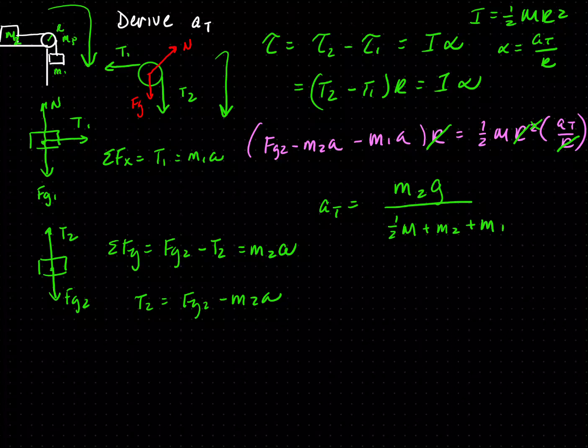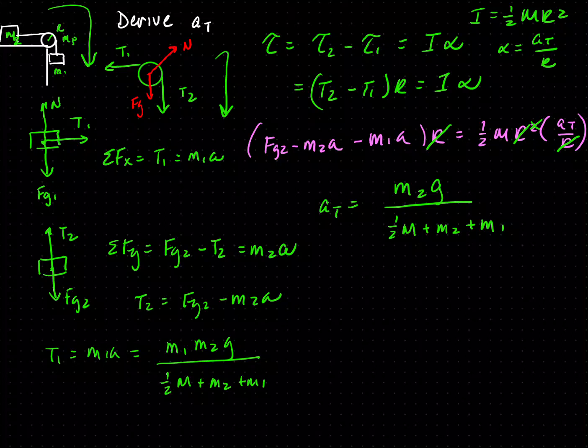So if I want to find the tension, T1 is M1A. So I plug that in. This is M1 times M2G over 1/2 M the pulley plus M2 plus M1.